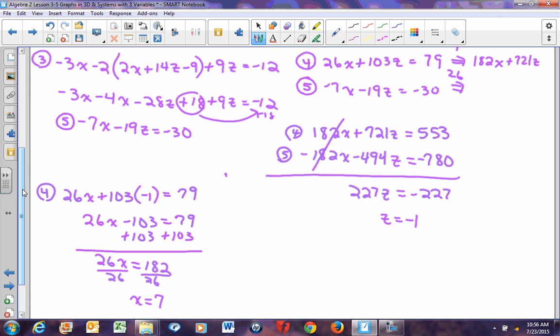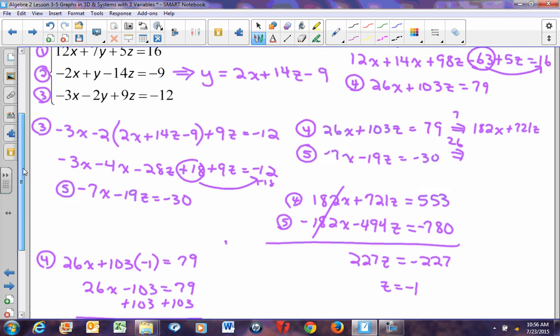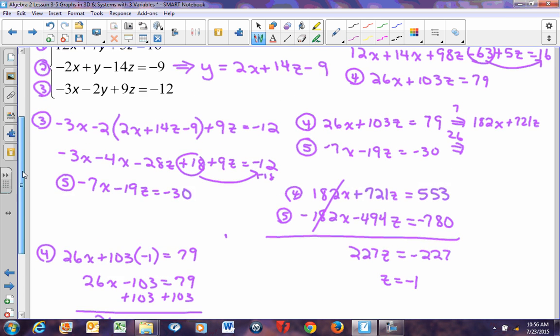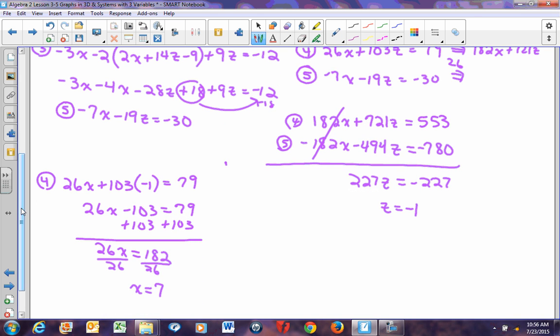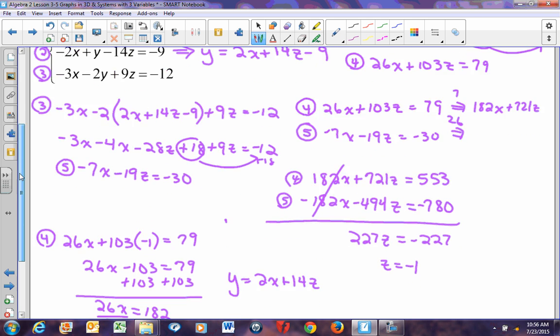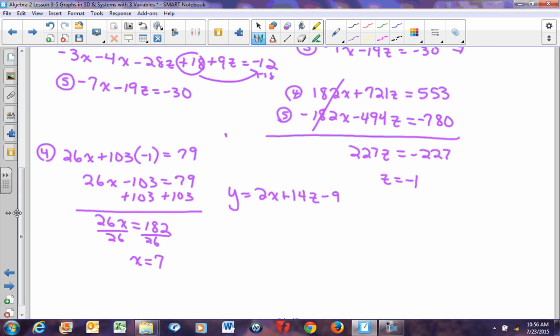Now when x equals 7, z equals -1. I'm going to go way back up here to my original where I said y equals 2x plus 14z minus 9. So let's go with that. So y equals 2 times x, which is 7, plus 14 times -1 minus 9.